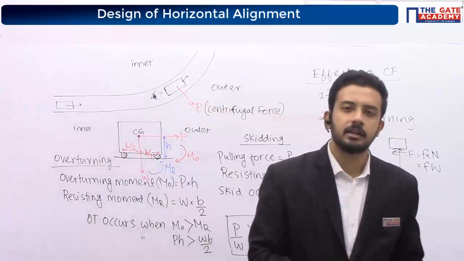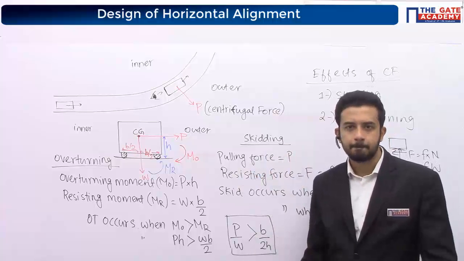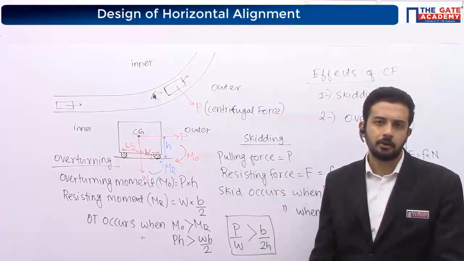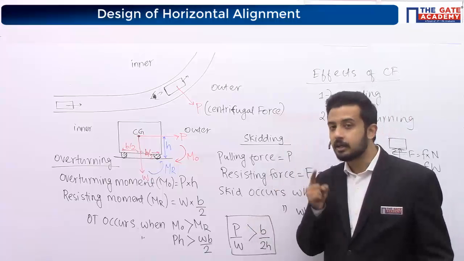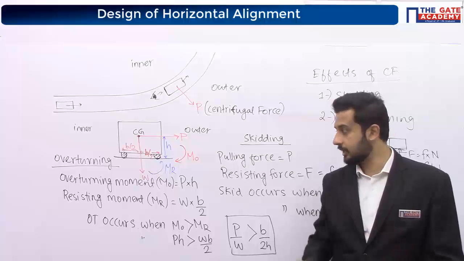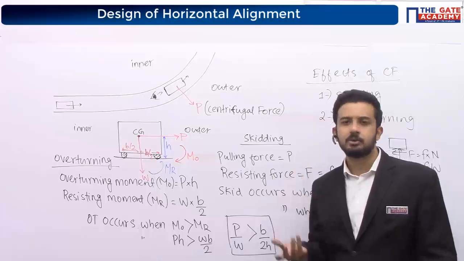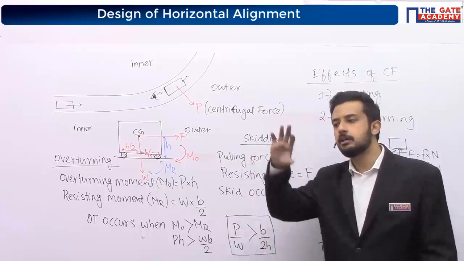In racing they turn the curve at very high speed, 100, 120. But if you try to turn a curve at 100 km/h on a normal road, definitely you will overturn. We cannot take that much speed because our roads are designed for heterogeneous traffic, considering all speed ranges.